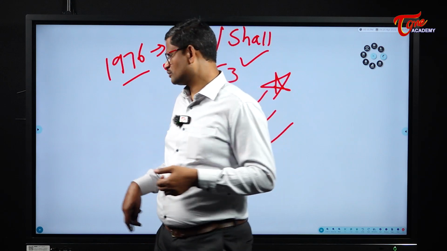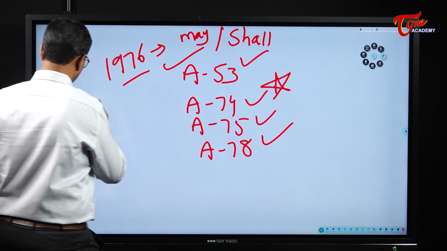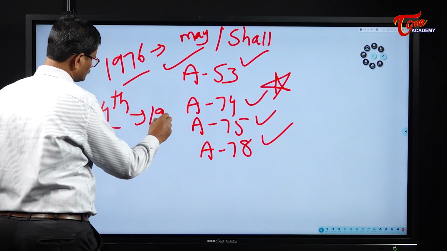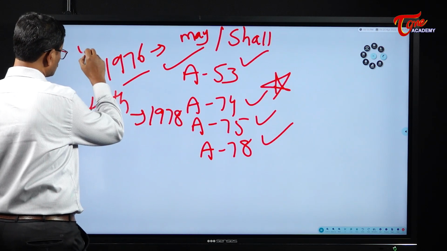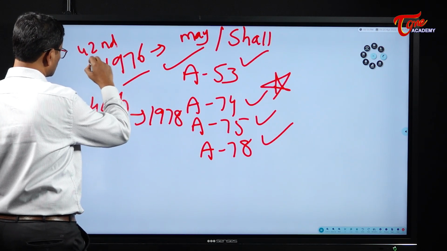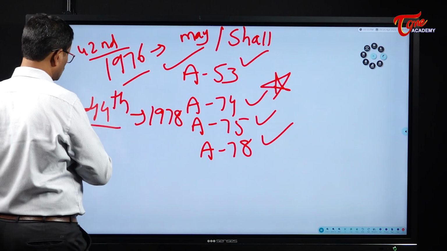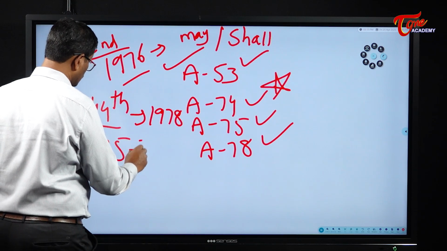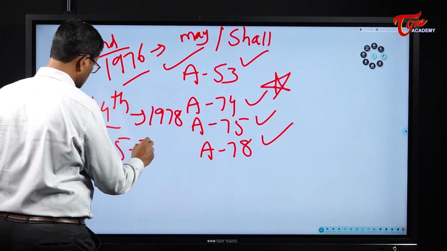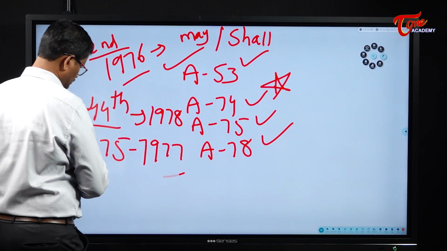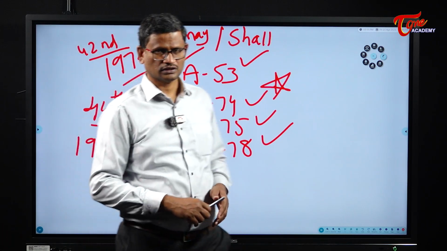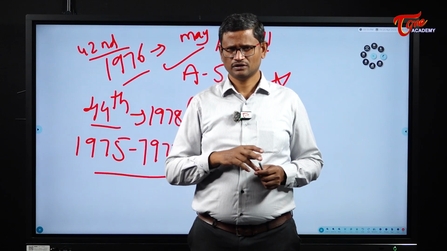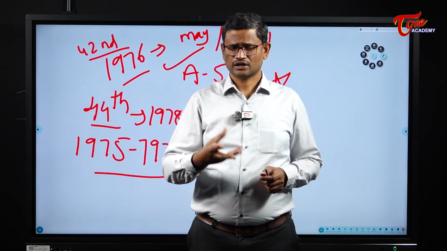But here we should also remember one more amendment, the 44th Amendment, in 1978. The 42nd Amendment was brought in by Mrs. Indira Gandhi of the Congress Party, and after 1977, since we had the internal emergency between 1975 and 1977, after the emergency got over, the Janata Party brought in the 44th Amendment. The 44th Amendment has again amended Article 74.